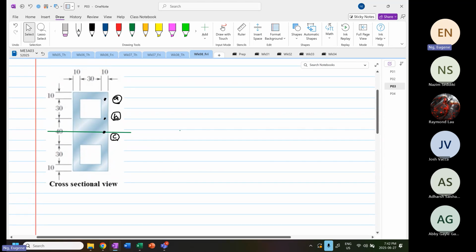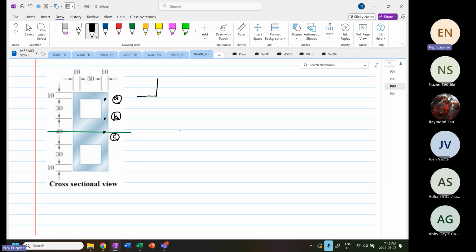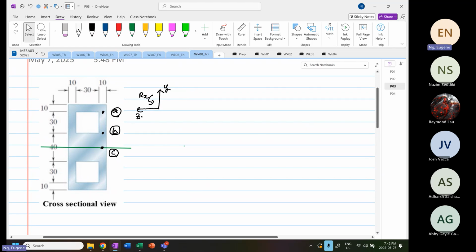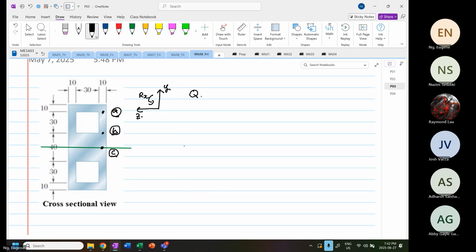So with reference to our transformation, I'm going to calculate the Q about the z-axis for point A, with depth and y bar.